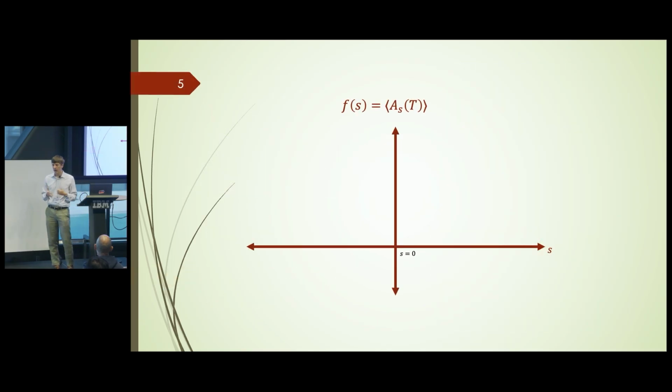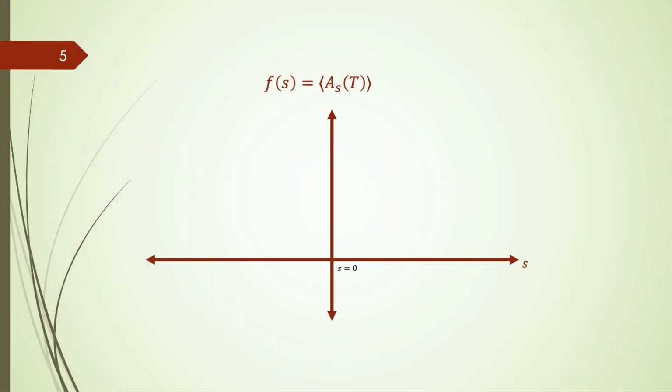So let me illustrate this a little more concretely with the polynomial interpolation technique. Suppose we're interested in time-evolved expectation values. So we have some observable A, which is evolved for time capital T according to some product formula with some accuracy parameter S, again thinking of it as just the inverse Trotter step.